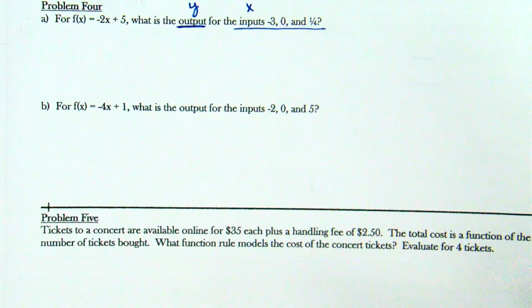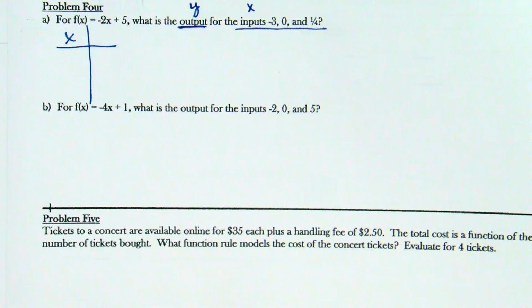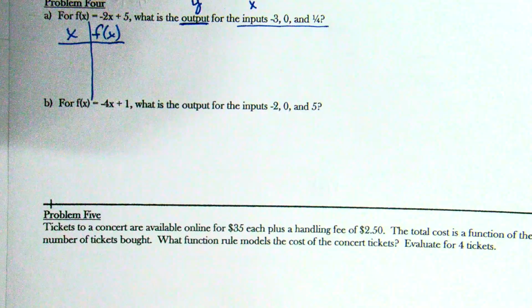I'm going to set up an XY chart or a T chart just to kind of put all my answers in the same place. I'm still going to go through and show my work. Actually, what I'm going to label is x and f of x. They talked y. They said we have to find y. Well, technically it doesn't say y here.